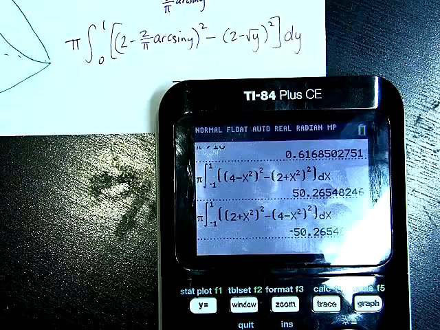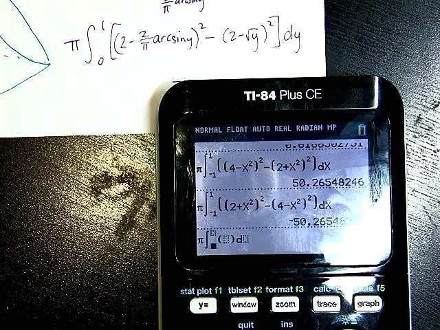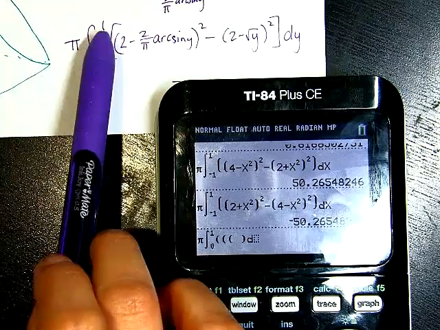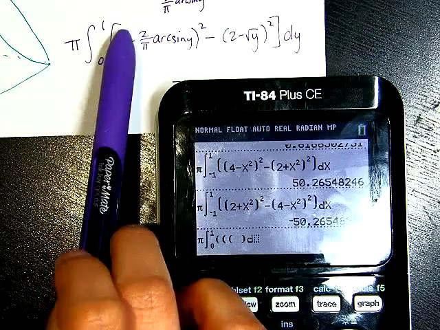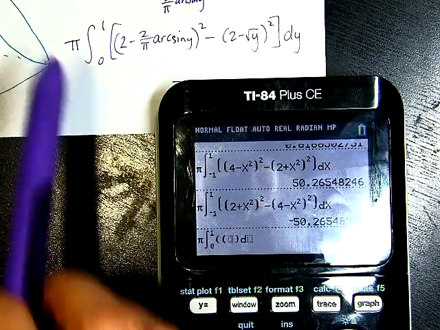Okay. Pi, math 9, 0 to 1. Okay, so you're going to need multiple parentheses here. You need a bigger parentheses for the outside, and then, oh, I'm sorry, you actually don't need the bigger one.